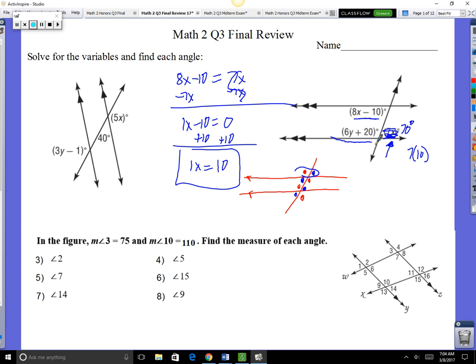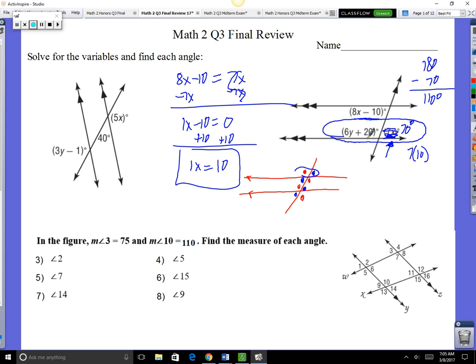Now I can get this pretty slick. If I know that is a 70-degree angle, I know that this one has to be 110, because they are supplementary. They're on a straight line. Every straight line has 180. So I'm just going to do 180 minus what I've got, minus 70, and that has to be 110.